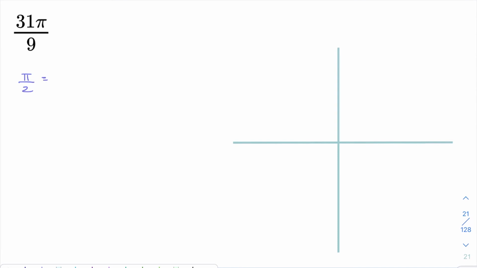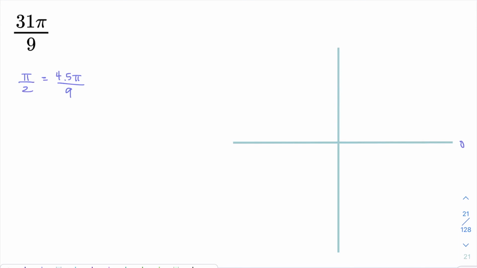So I want to rewrite pi over 2 as something over 9. You can cross multiply to solve this, or you can just know that it's always the denominator divided by 2. Pi over 2 simplifies to 1/2, and 4.5 over 9 also simplifies to 1/2. So every quarter turn around the circle, I'm going 4.5 pi over 9 more.